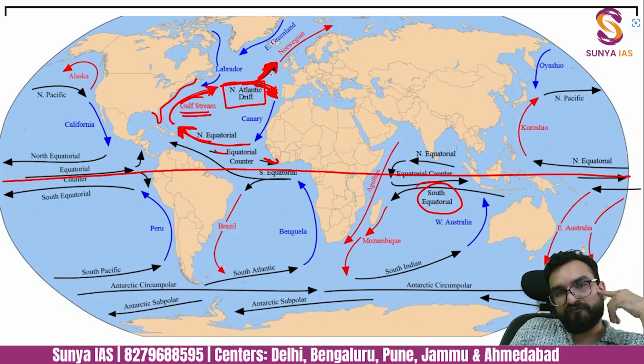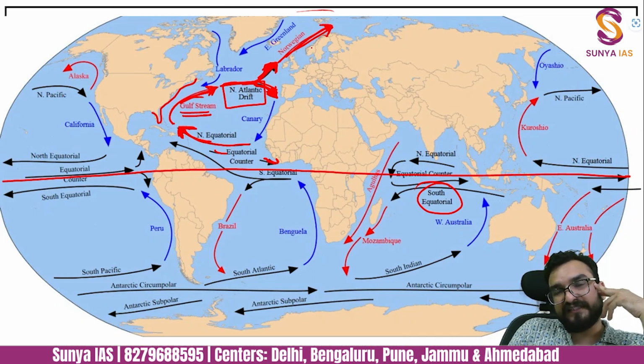One will be moving upwards, that is the top portion of Europe, and it will be known as Norwegian current. The Norwegian current, though it is present in the colder areas, it is a warm current, guys. And because of this warm current, it is taking the warmness into these cold areas of these countries.